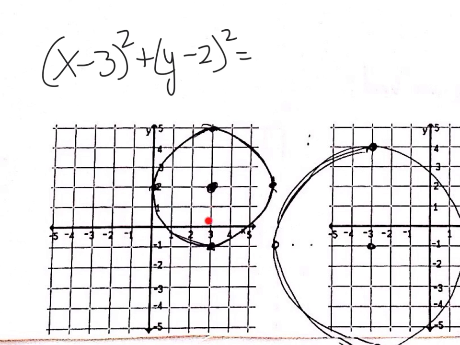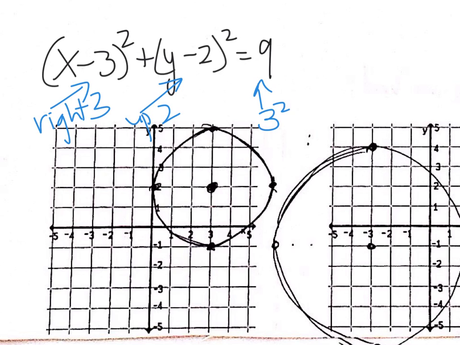Up, minus, right, minus. And the radius, 3 squared. So 3 squared is 9. And I'm going to write this so you know where that came from. 3 squared. And what you probably want to write in here is up 2 and right 3. That's where the center was. Okay.